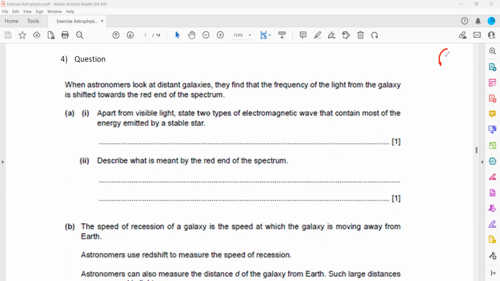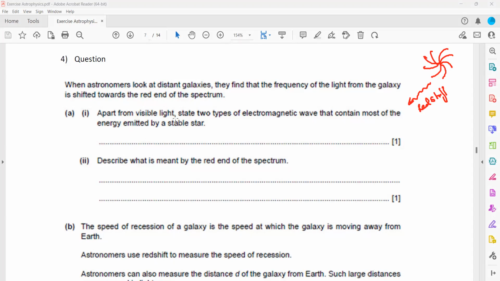For example, we are focusing on a galaxy, and we found this galaxy is giving us a red shift, because the frequency is shifted towards the red end of the spectrum. What can we conclude about this galaxy? Is it moving towards us or away from us? Because it's giving a red shift, it means it is moving away from us.